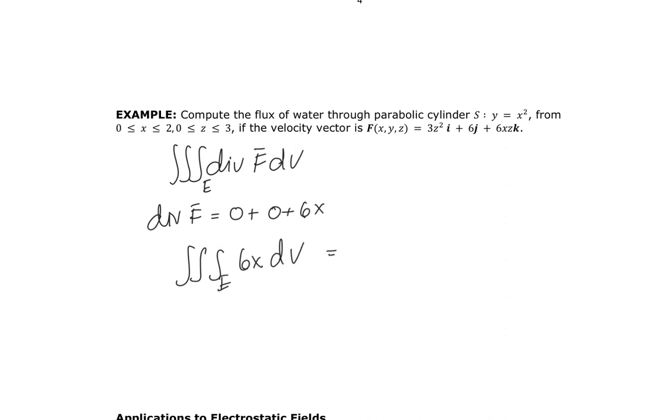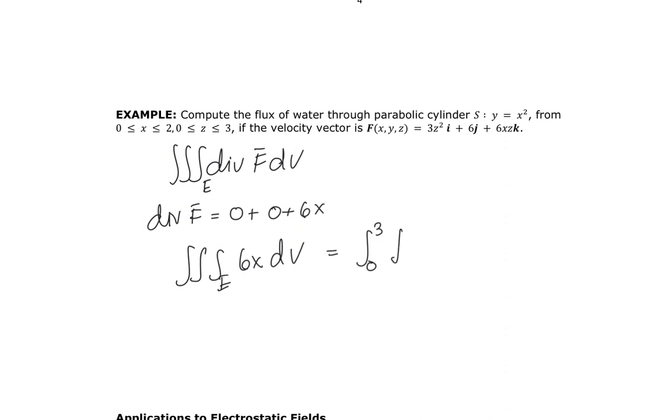So z is going to go from 0 to 3, so we're going to do z last. y is going to go from 0 to x squared, so I'll have to do x next.